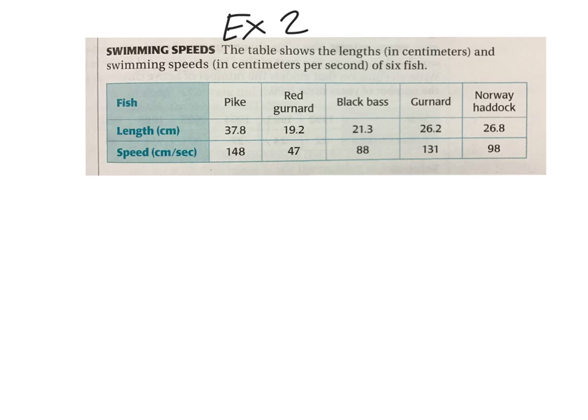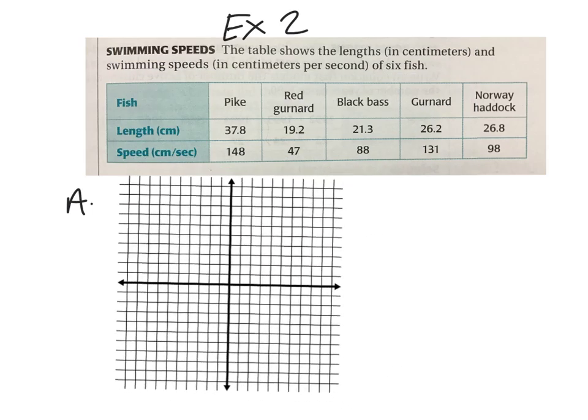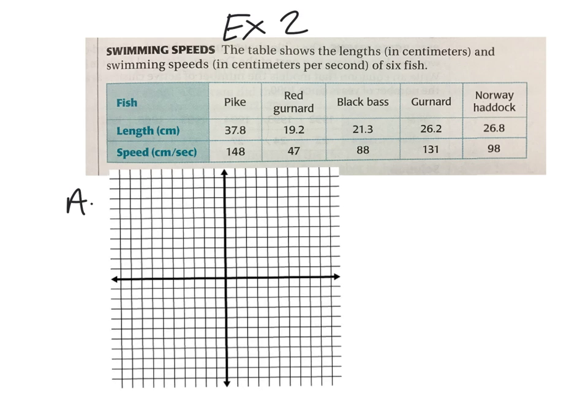The table shows the length in centimeters and swimming speeds in centimeters of 6 different fish. For A, they want you to make a scatter plot of the data, and B, describe the correlation. So you need to go get a graph.